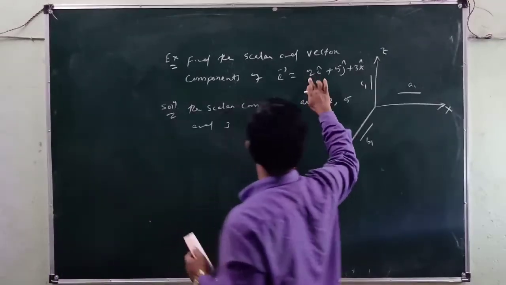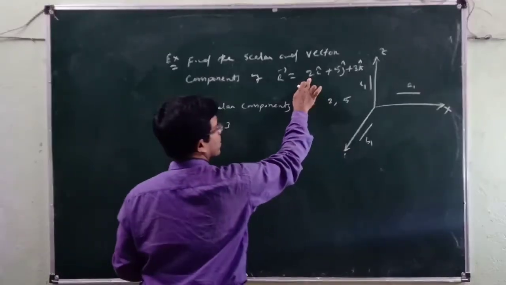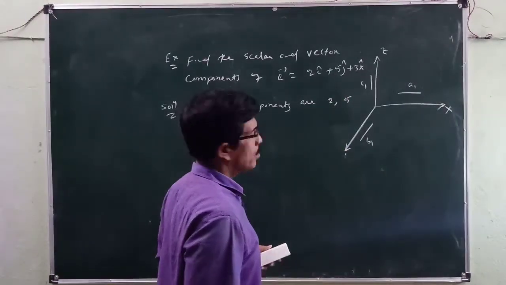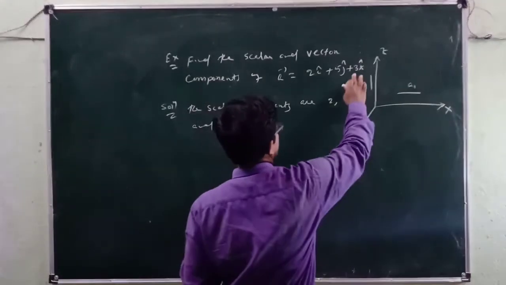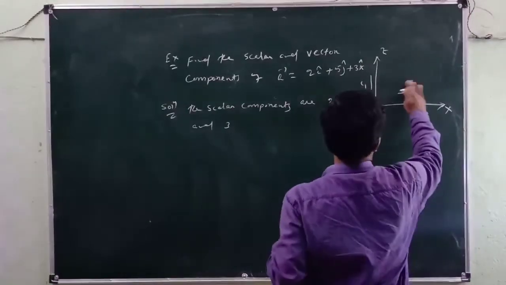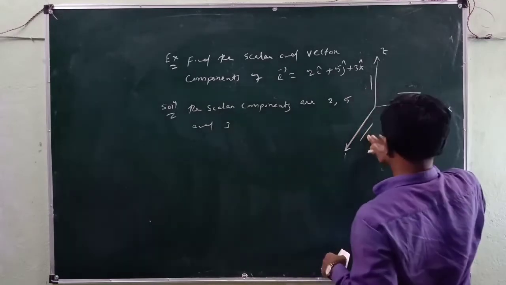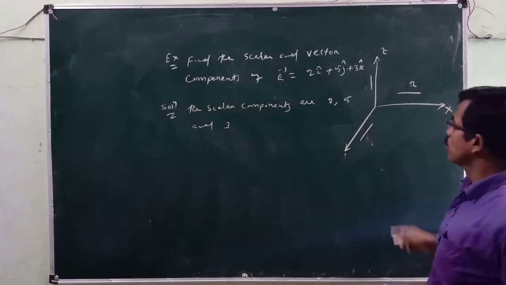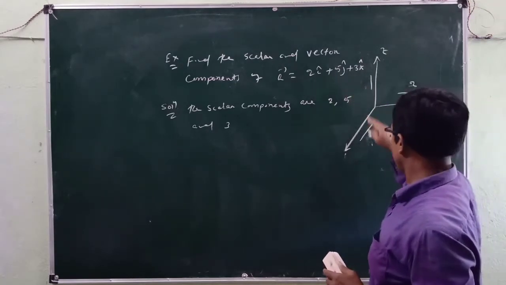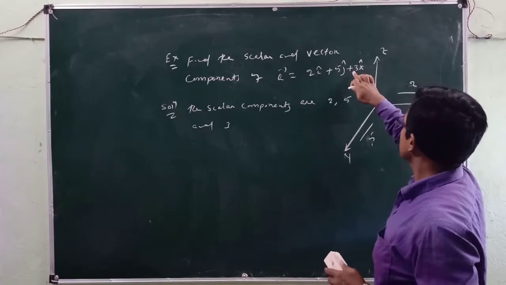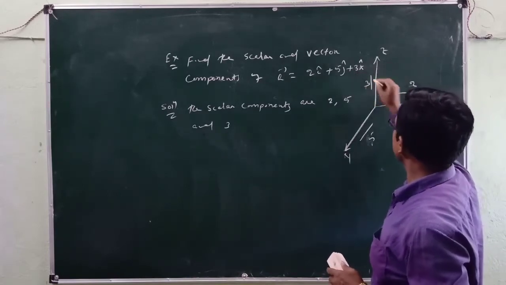That means 2 is the scalar component along x axis, 5 is the scalar component along y-axis and 3 is the scalar component along z-axis.